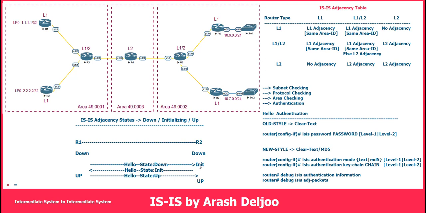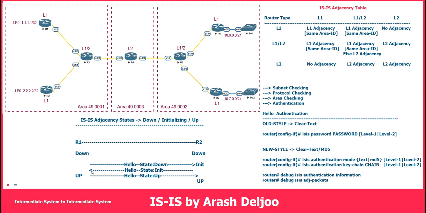Because of that, R2 is now in the initializing state, because R2 successfully received one hello message, but it cannot ensure that R1 also received the hello of R2. After that, in the next hello message, R2 should send its hello message with the init state, because the state of R2 now is init.